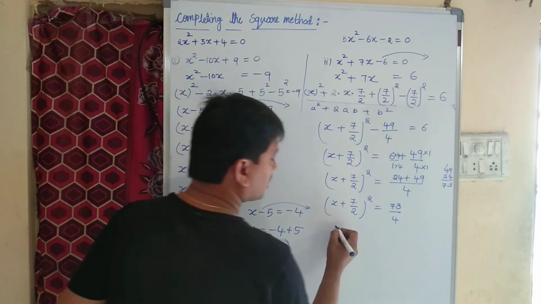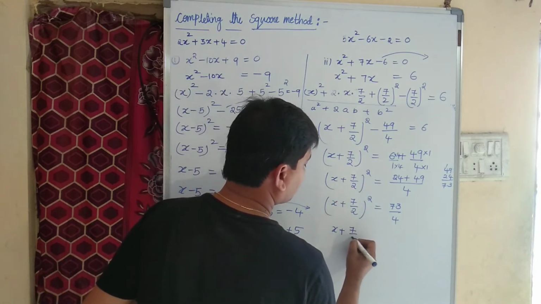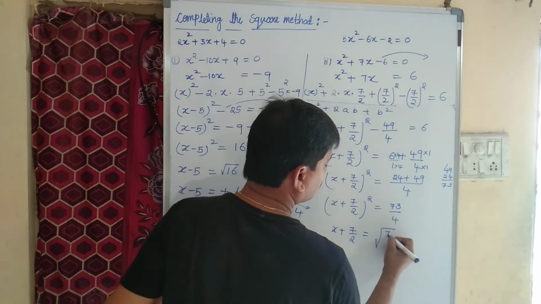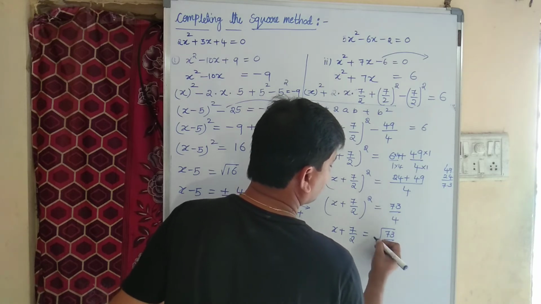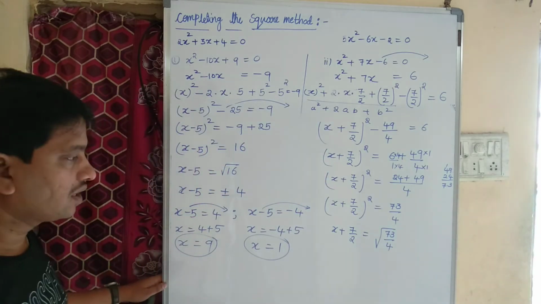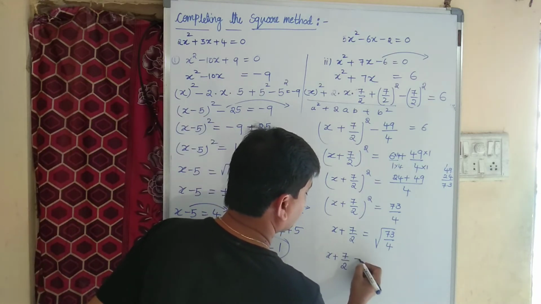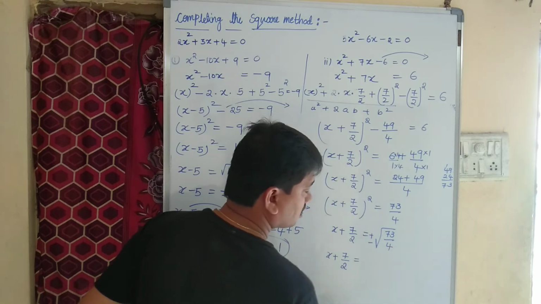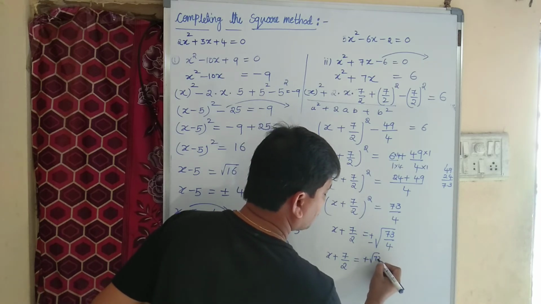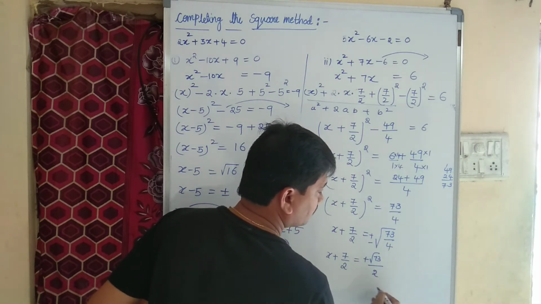So what do you do, children? The square, you transpose to that side. So x plus 7 by 2 equal to root over 73 by 4. I can write as x plus 7 by 2 equal to plus or minus. One is plus root 73 by root 4, which means 2.